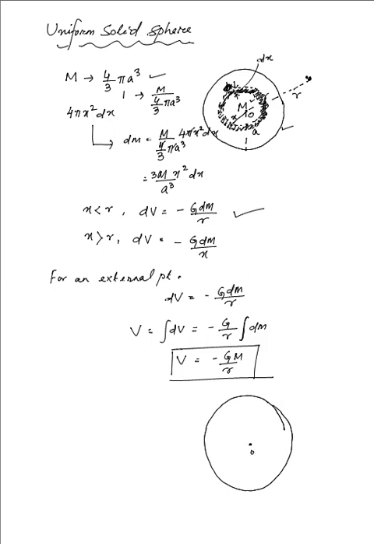If we are to determine the potential at any point P, which is lying at a distance r, here r is an internal point as opposed to r being the external point in the previous figure.